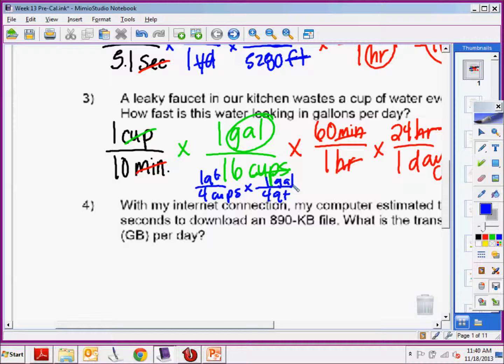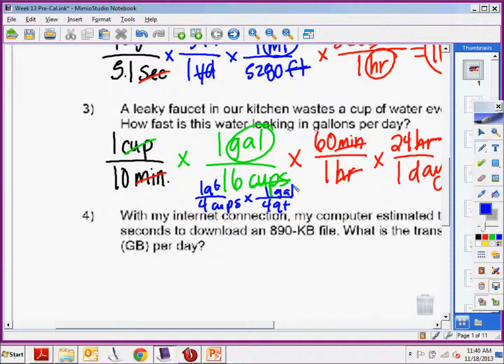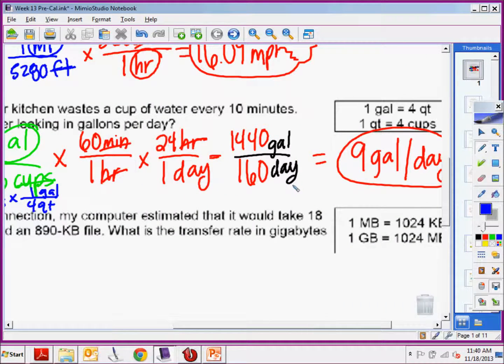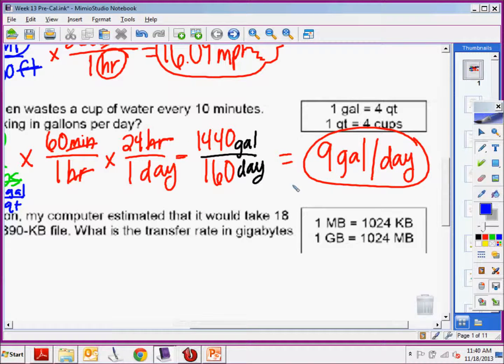It should still come out the same, because 60 times 24 is still 1,440, and 10 times 4 is 40, and 40 times 4 is 160. So the numbers are going to be the same. If you type in the calculator 1,440 divided by 160, you get the same answer.